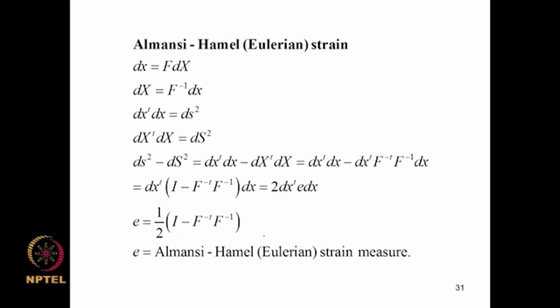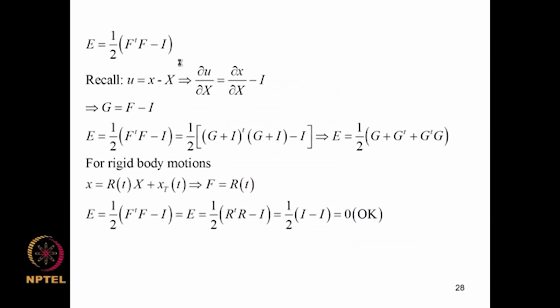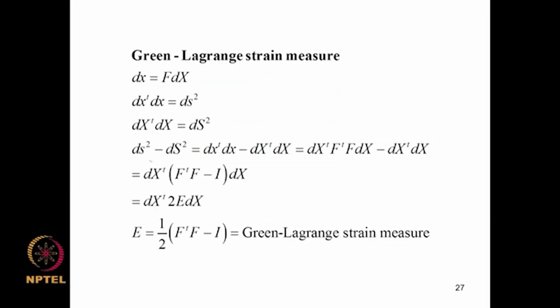There is another strain measure known as Almansi-Hamel or Eulerian strain. Here, instead of eliminating capital dX, we eliminate it in this case. If you see here, we obtained the difference in square of the lengths in terms of dX in the original configuration. A similar equation can be derived by using dx in the current configuration.